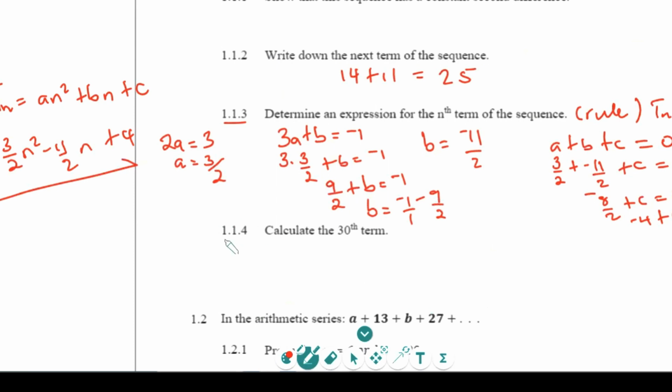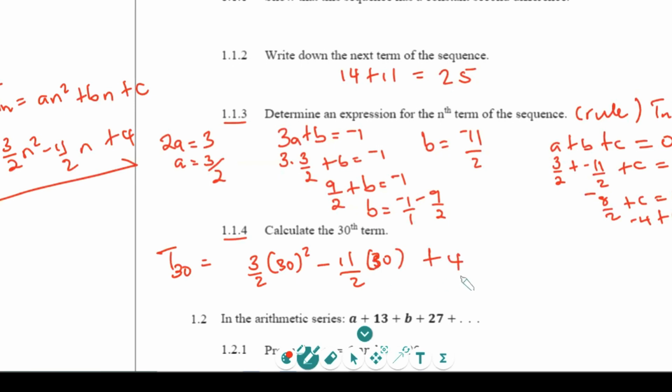And then 1.1.4, they are asking us to calculate the 30th term. So the 30th term is the same as T30 that we need to look for. Remember, from the previous question, we obtained the Tn. So where there is n, we're just going to substitute the 30. So that's going to be 3 over 2 times 30 squared minus 11 over 2 times the 30, plus 4.